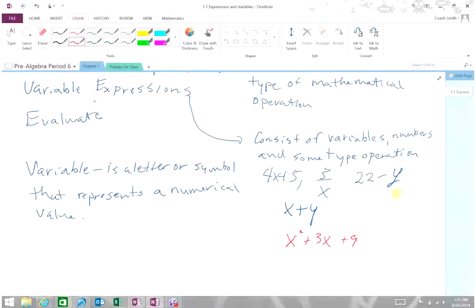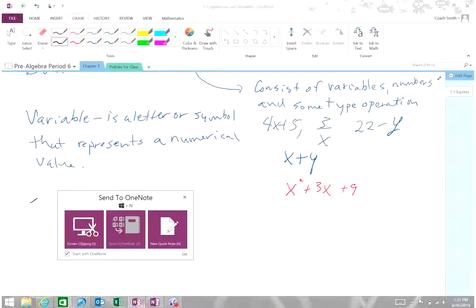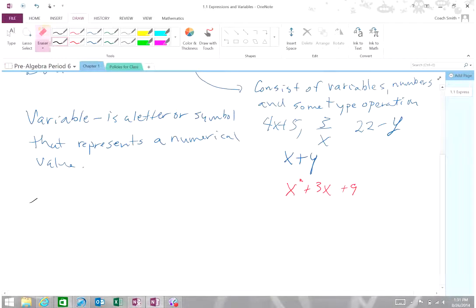All right, that leads us to the word evaluate. Evaluate, first of all, is a process.